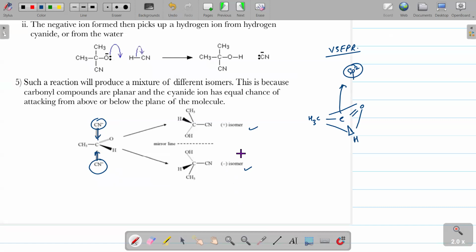One is dextrorotatory and the other one is levorotatory, meaning one rotates the plane polarized light clockwise, and the other rotates the plane polarized light anti-clockwise. So positive and negative rotation. You can see they are mirror images and they are optical isomers. Why? Because this carbon is bonded with four different groups.